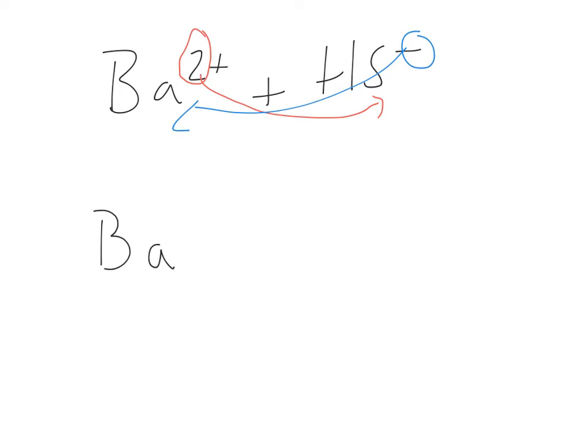The HS has a minus 1 on it, so I would put a 1 here, but I don't need to write a 1 because it's implied. I have two barium charges, so I take that 2 from the barium and I stick it down below. And again, I need the parentheses to delineate that HS is all one ion, that it's not just two different atoms bound together randomly, that it is the bisulfide ion, the HS minus. And so I write the answer out like this.